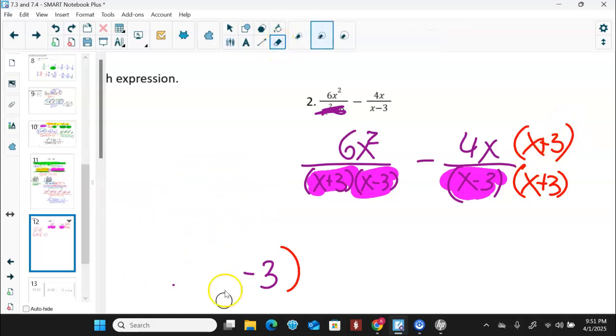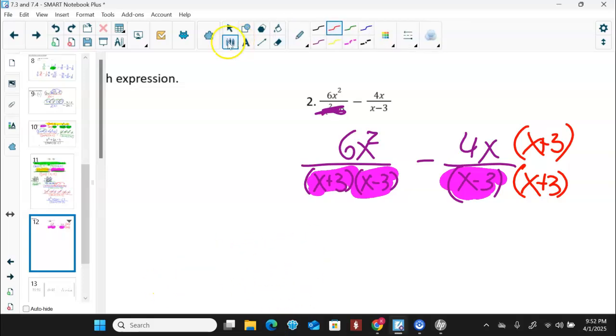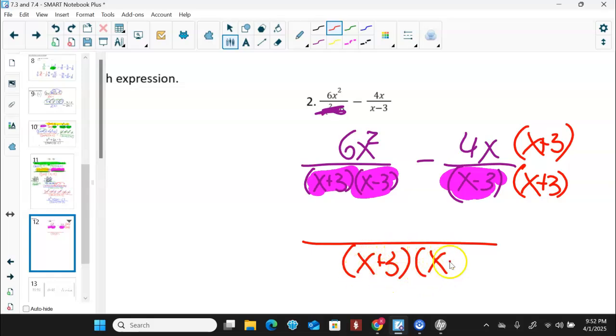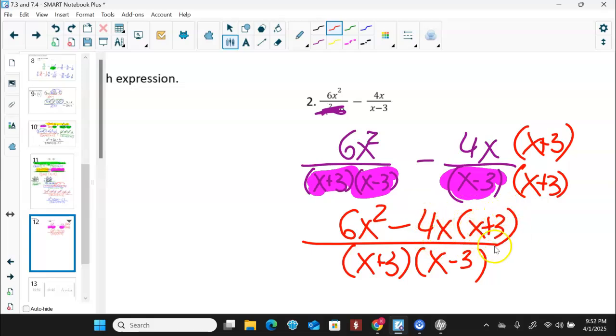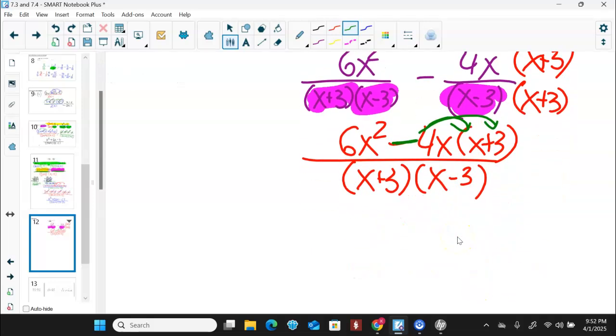Now, we're able to put it all into one fraction, okay? That has x plus 3 and x minus 3. It doesn't have four of them, just one common denominator. Now on the top, I got 6x squared minus 4x times x plus 3. Once again, with the minuses, it's very important that you're paying attention that you're distributing negative 4x to both the x and the 3.